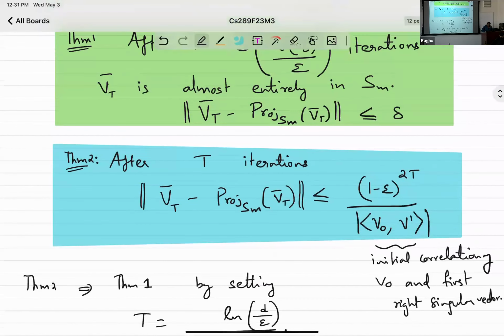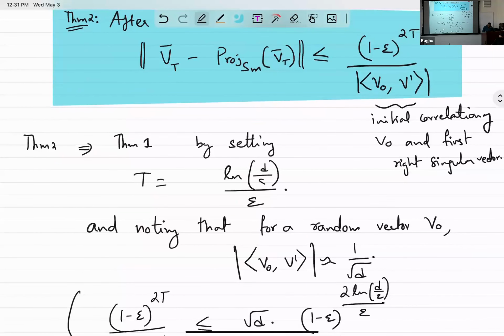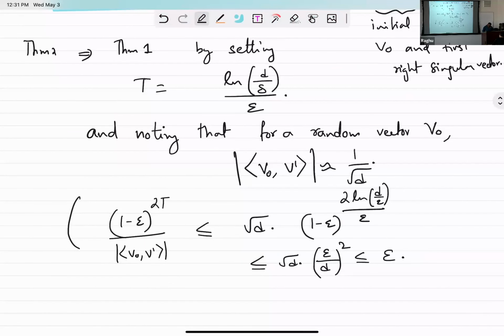And more generally, if you plug in this delta here, you get an even better bound. If you put in delta, then the same calculation gives you something nicer. Essentially there's a lot of slack here, so we don't have to be very precise. We're only interested in the order of the bound, not the precise constant. Any questions?